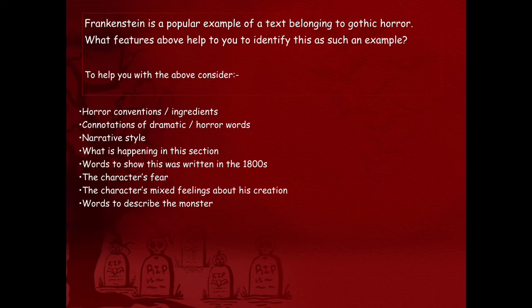Also, words to show that this was written in the 1800s, and the character's fear. He's quite fearful when he meets this monster that he has created. The character's mixed feelings about his creation, and also words to describe the monster. I would like you to think about that and comment below what you think.